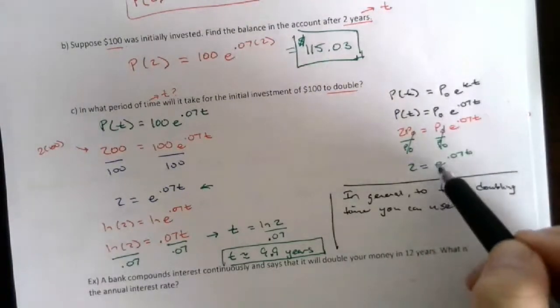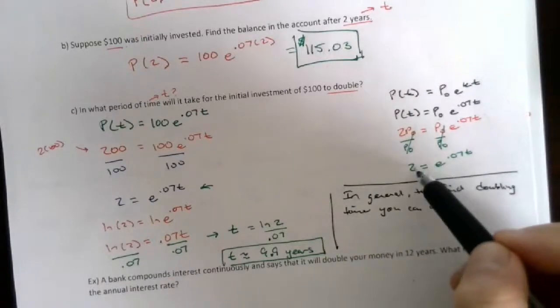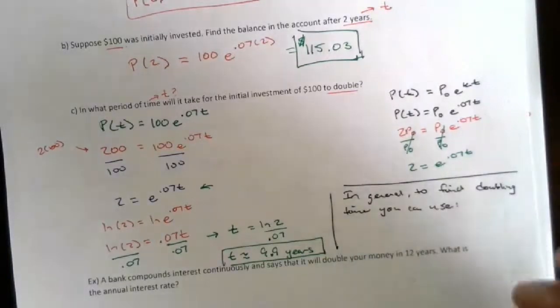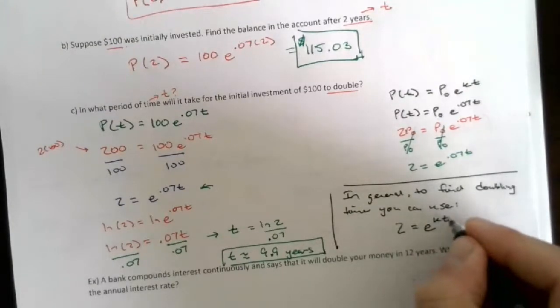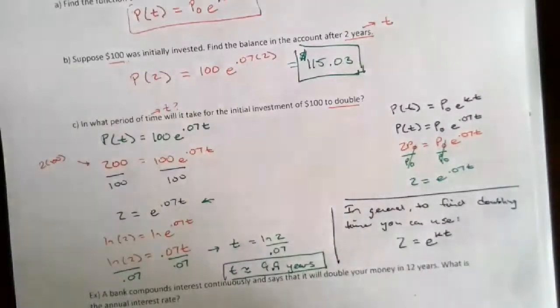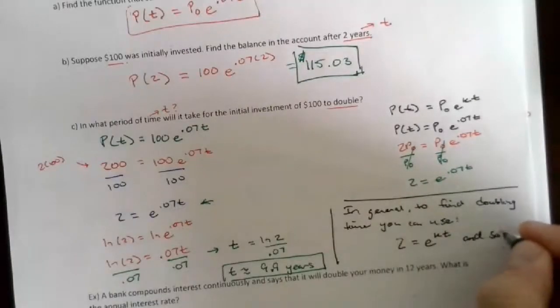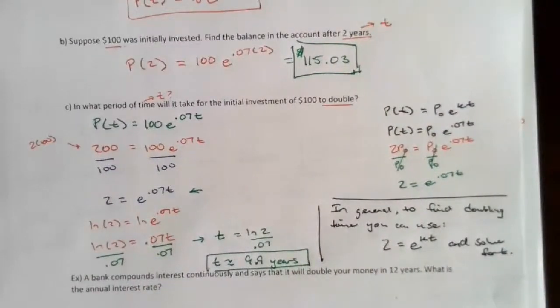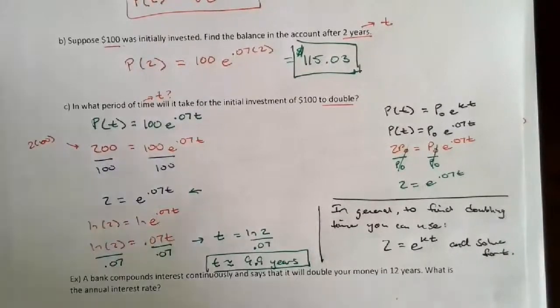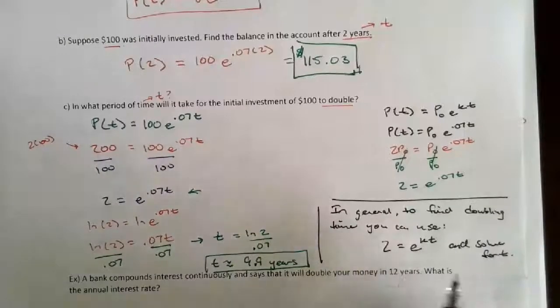So you could pretend P0 is 1, and then the amount that's double that would be 2. You can use 2 equals e to the kt, and then solve for t. That's how we're going to use this as a shortcut.